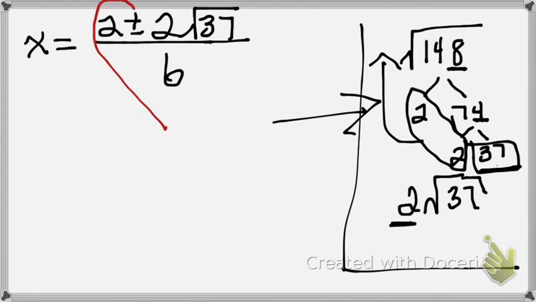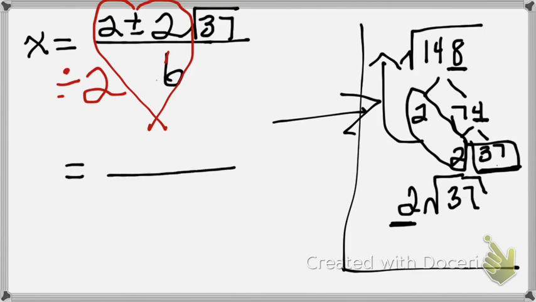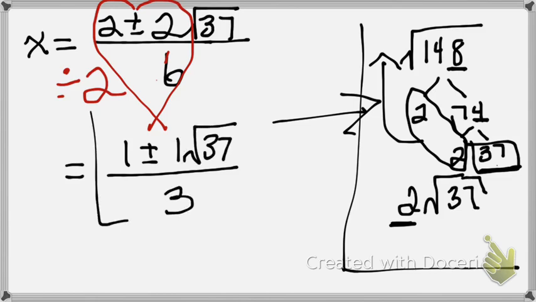I'm going to look at the constants and coefficient to see if any of this simplifies. 2 plus or minus 2 and 6, do they share anything? Hopefully you said yes, because they share a 2. So I'm going to divide everything in that equation, except for the radical, because that's not a part of my heart, by 2. So this becomes 1 plus or minus 1 square root 37 over 3.